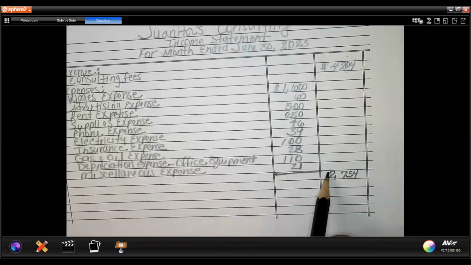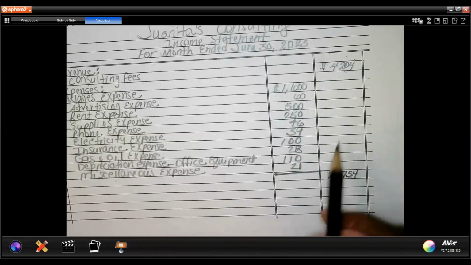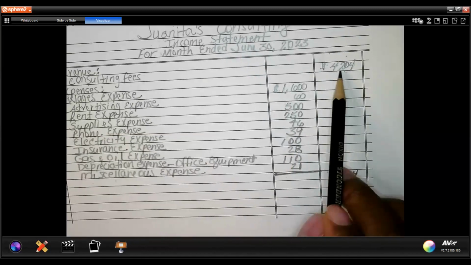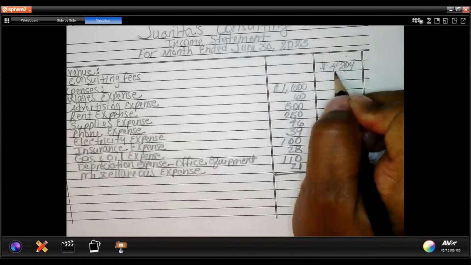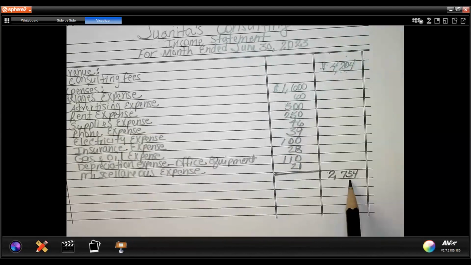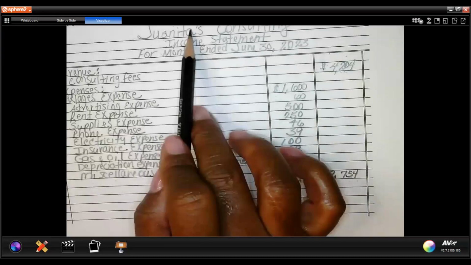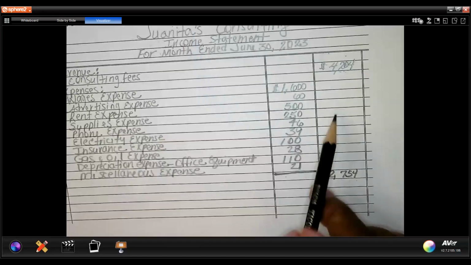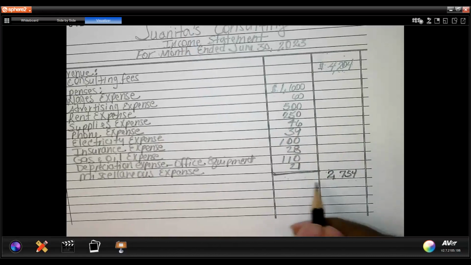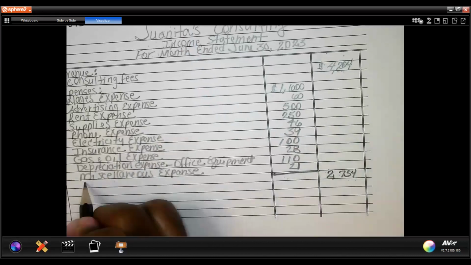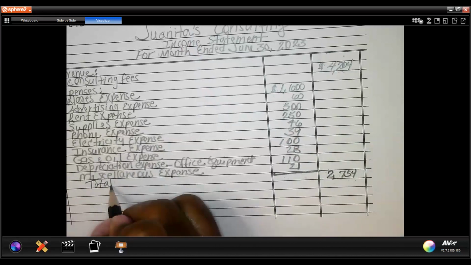So therefore, our revenue was $4,204. Our expenses was $2,754. Again, our income statement is going to show whether or not we have a net income or a net loss. In this case, we have a net income. So our next, we will write on this line, we will total our expenses.